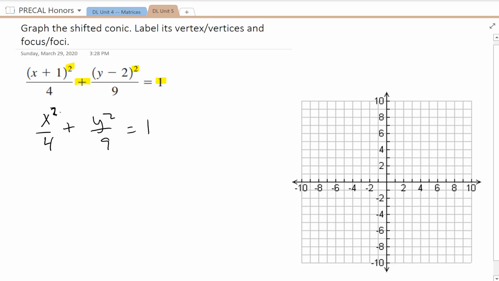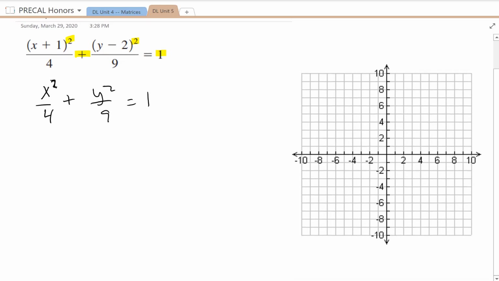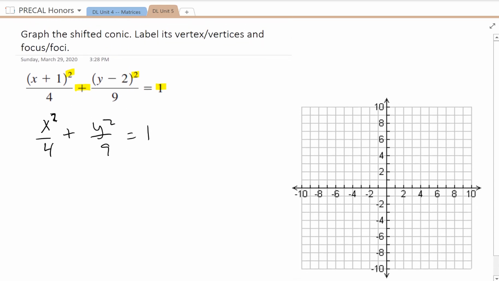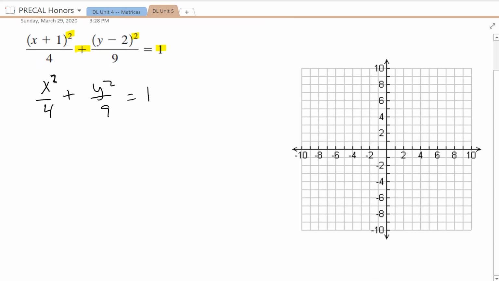And I want us to remember how to get the specific things here, foci and vertices. Okay. So with an ellipse, the bigger number is the a squared. So a squared is 9, that means b squared is 4, and to get c squared, we do a squared minus b squared.